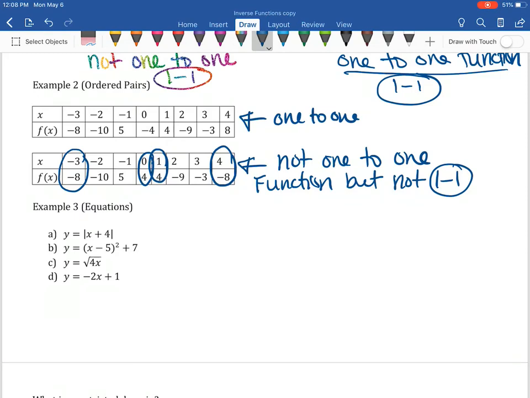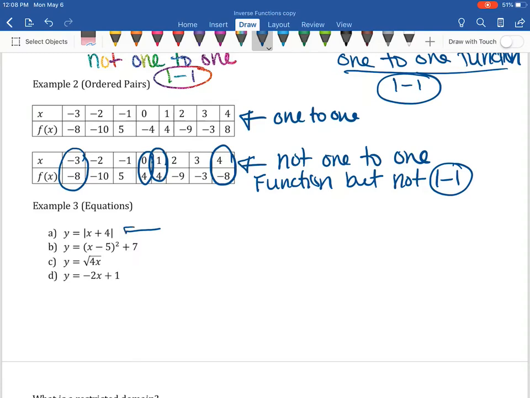Okay, now looking at equations to determine if something is one-to-one, you can actually just graph it on your calculator, or if you know what the basic shape of the graph looks like, that's really helpful too. Like in part A, I know that that's the absolute value of x plus 4. I know that that has a V shape when I graph it. So if I start doing the horizontal line test on it, I know it's going to fail.